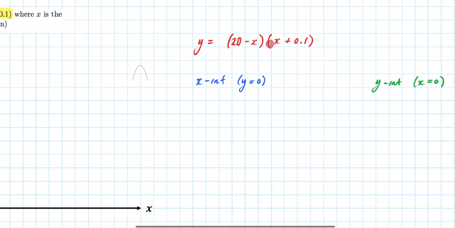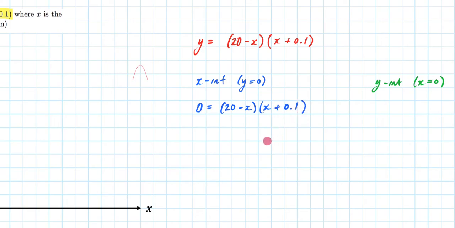So when we're graphing things, we want to find my x-intercepts and my y-intercepts. So let's begin by finding my x-intercept. To do that, I'm going to let y equal 0. So I'm going to have 0 equals (20 minus x)(x plus 0.1). And then I'm going to set each of these equal to 0.